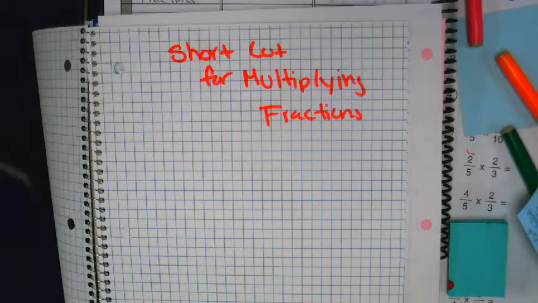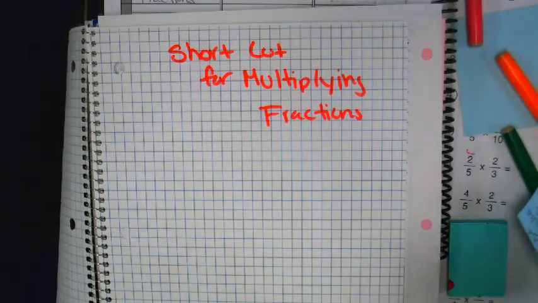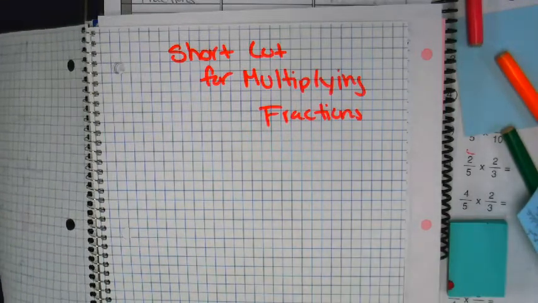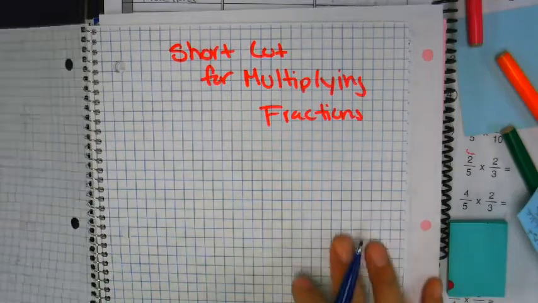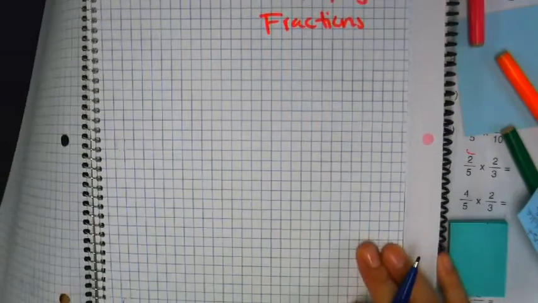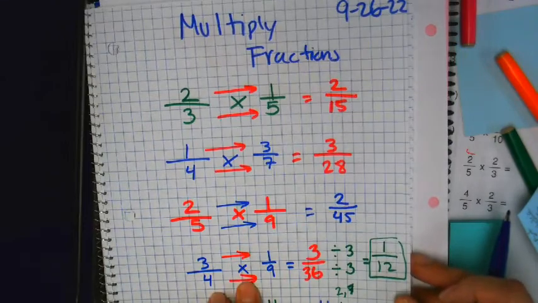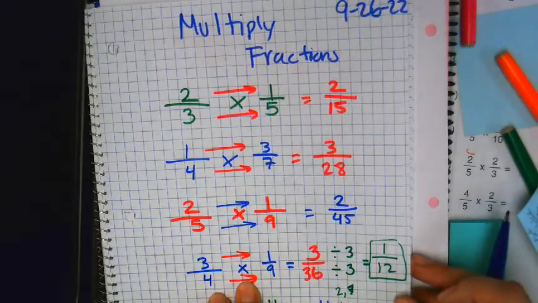Now, if I went too fast for you today, and if I go too fast for you right now, feel free to go back, watch the video, fast forward to this moment, and slow it down. All right. We are going to literally do the same problem we just did, but I'm going to show you the shortcut.